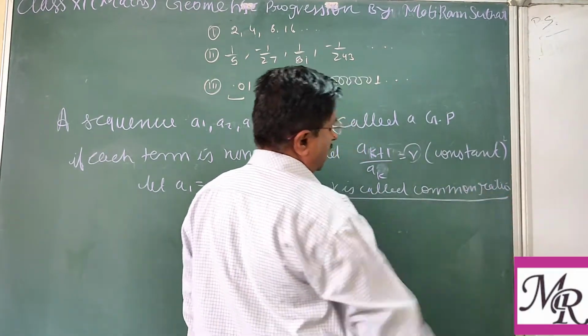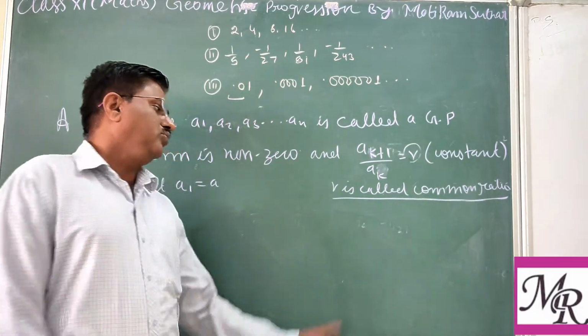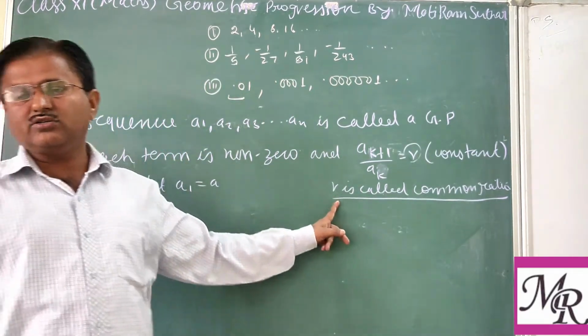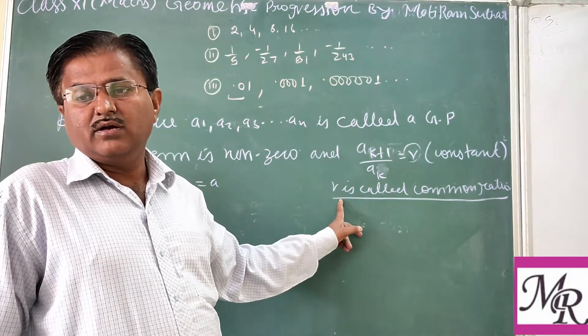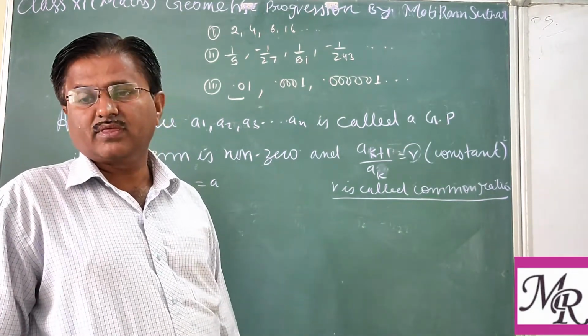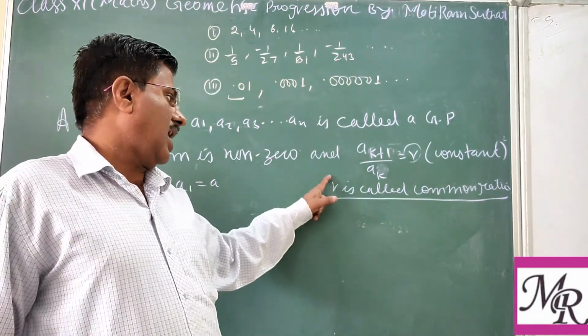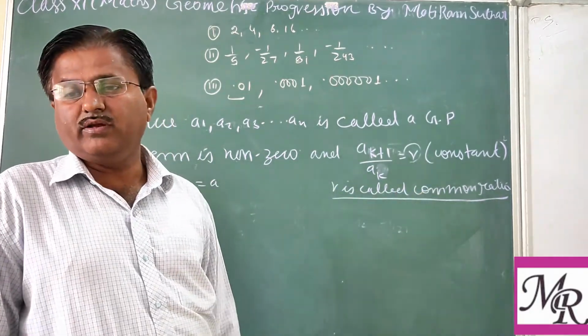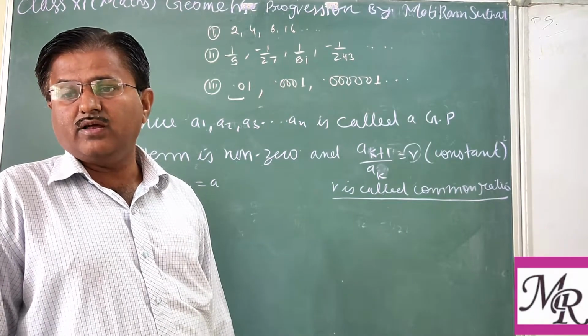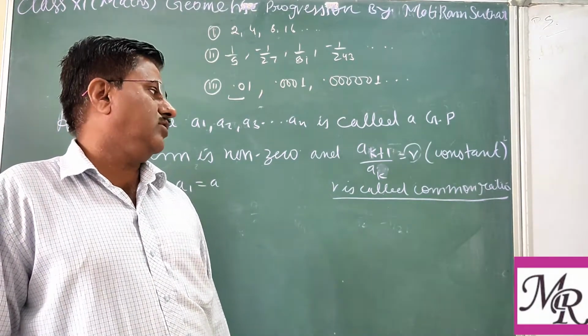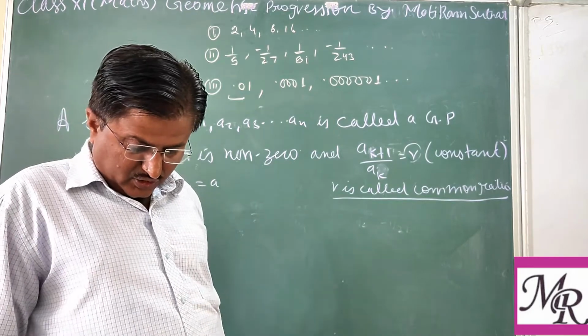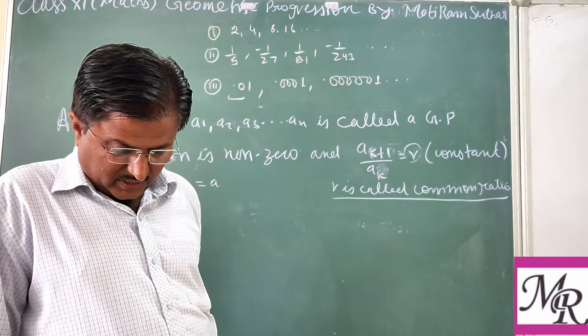As you know, in arithmetic progression we take D, which is called the constant difference or common difference. Here this R is called the common ratio. So generally we take small r as the common ratio of the geometrical progression.